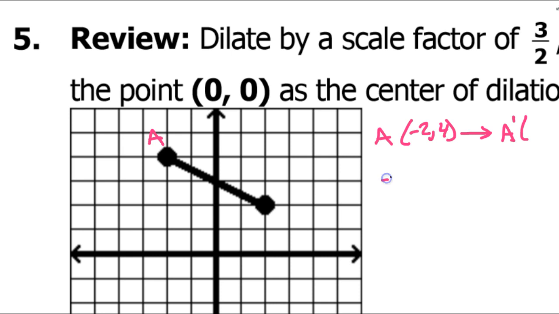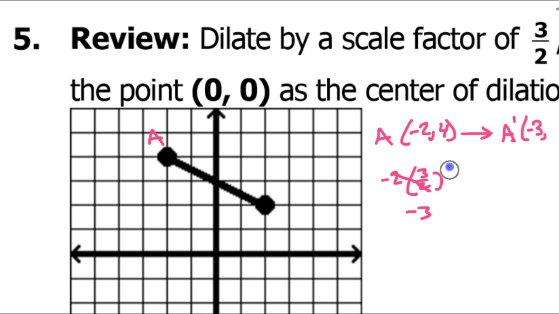So if I do negative 2 times 3 over 2, the 2's cancel out, and that just leaves me with negative 3. The negative sign doesn't go away. So that means the x-coordinate is going to be negative 3.